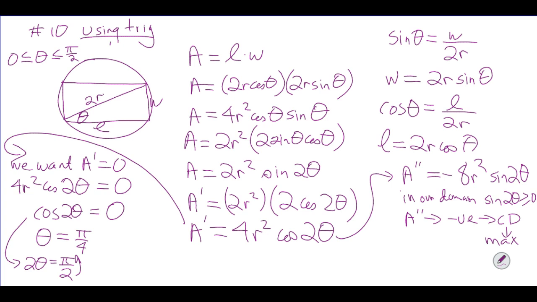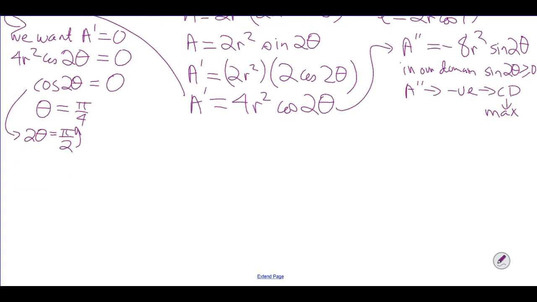So we have a maximum area when theta is equal to pi over 4. But it didn't ask for the angle, right? It asked for the dimensions.